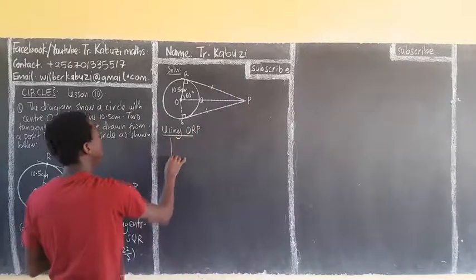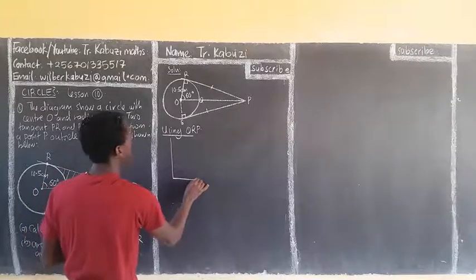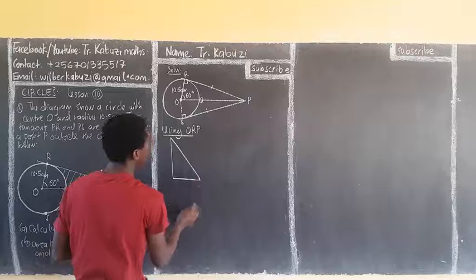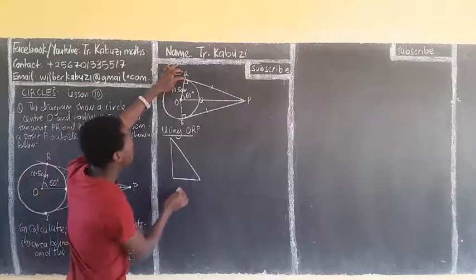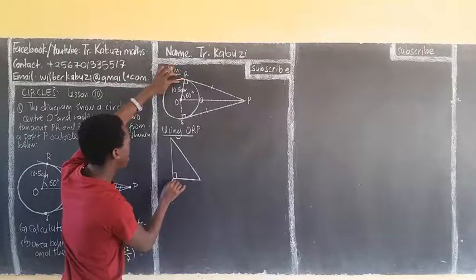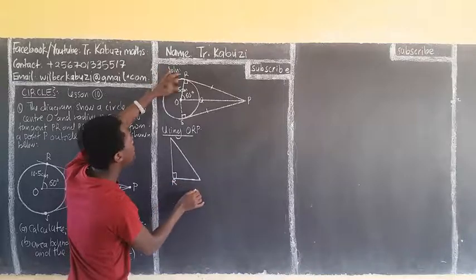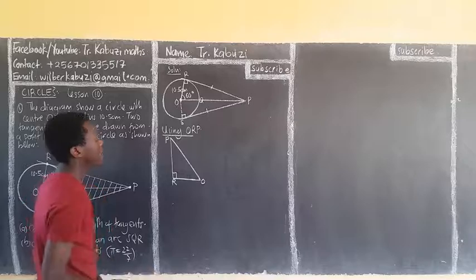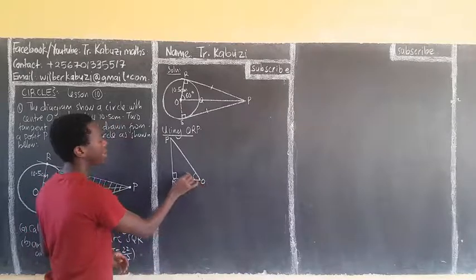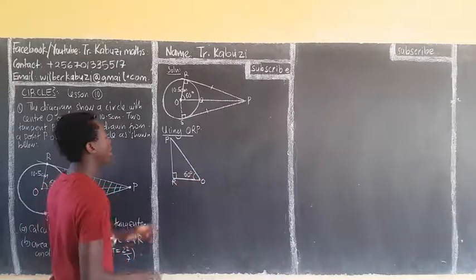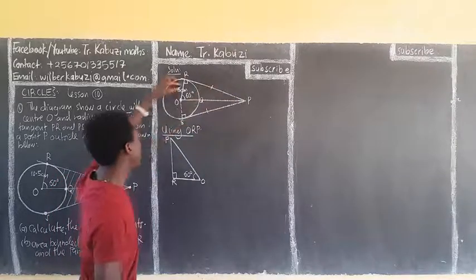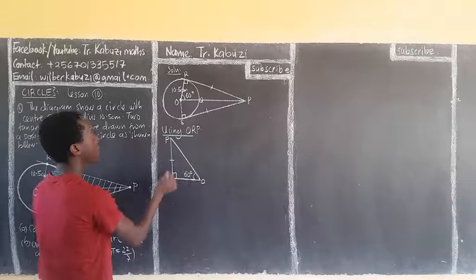So I'm going to have this as the longest side there. This one now is the 90, this is our R, this is our O, and this is our P. Now this angle here is 60 degrees. I want to get the length of the tangent, PR.